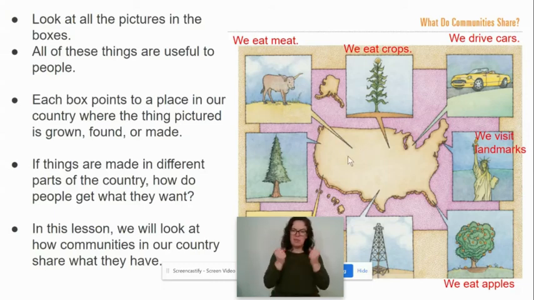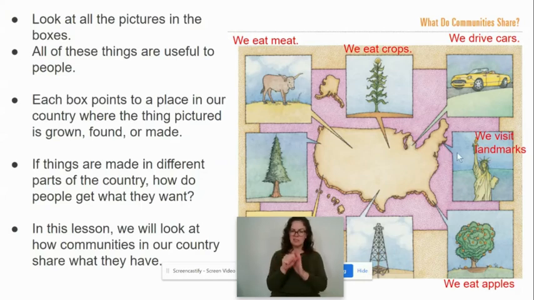So you might find that kind of area right here. So we usually get cow farms. We'll find them right here. Corn usually grows in this area, which is pretty close to us because Illinois usually manufactures a lot of corn. Cars. A lot of cars are manufactured here in Michigan, in this state right here.